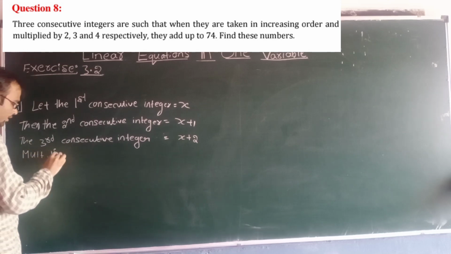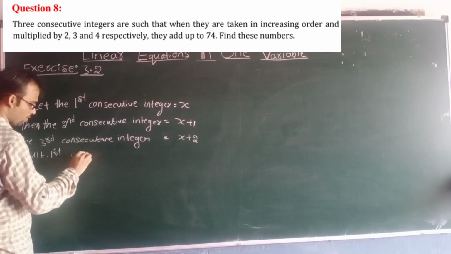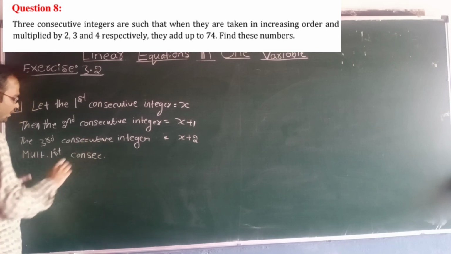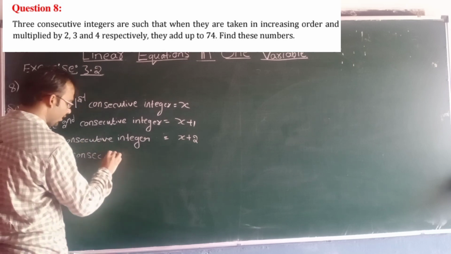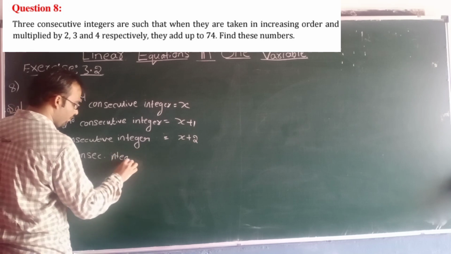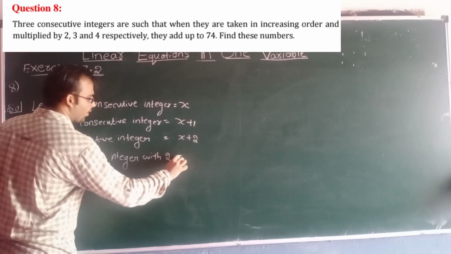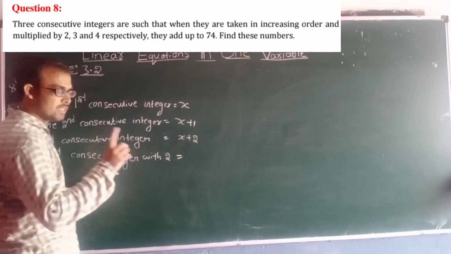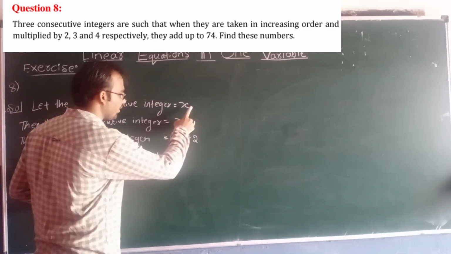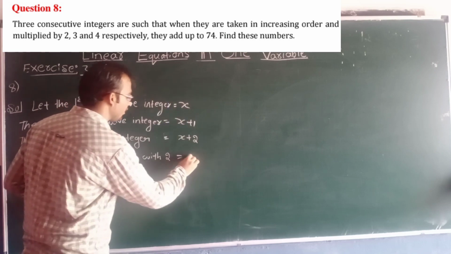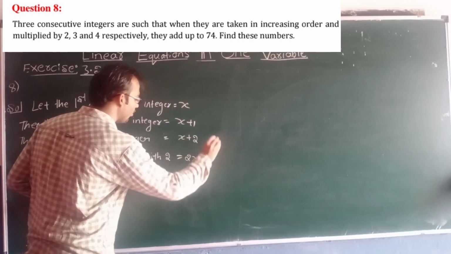Multiply the first consecutive integer with 2. I will be writing shortcut. We need to multiply the first consecutive integer with 2. If the first integer is x, then we multiply 2 with x, that is 2x.